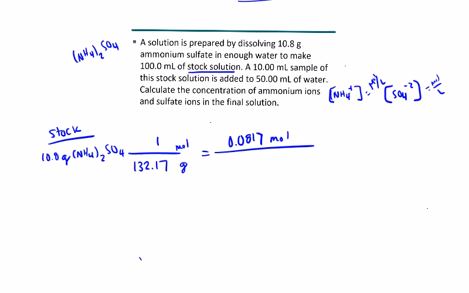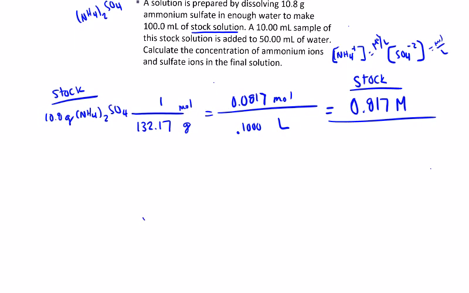Watch my sig figs. And so that tells me that the concentration of my stock solution is 0.817 molar. So that's what I started with. Now, in the next process, I took my 0.817 molar stock solution, and I specifically took 10 milliliters of it, and then I diluted it and made a new solution.